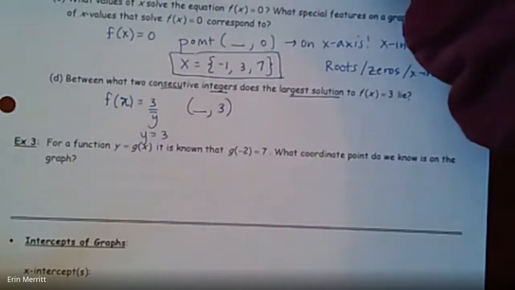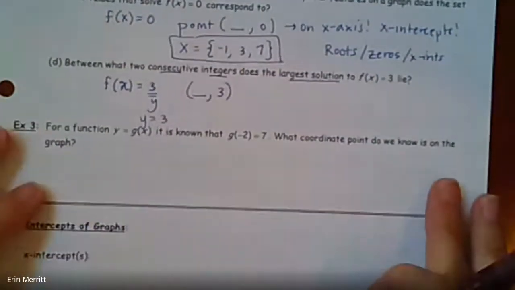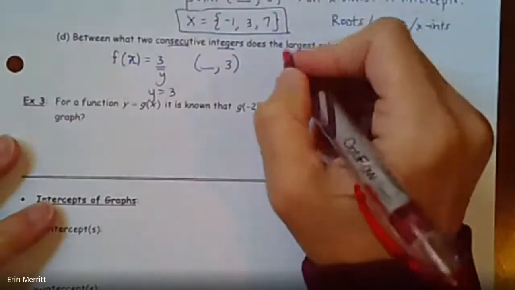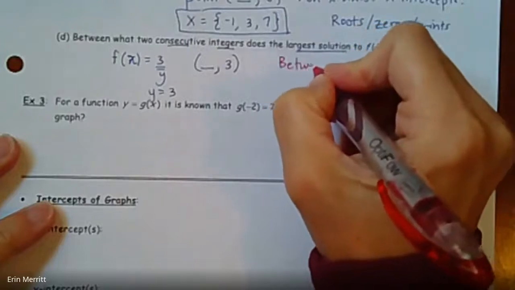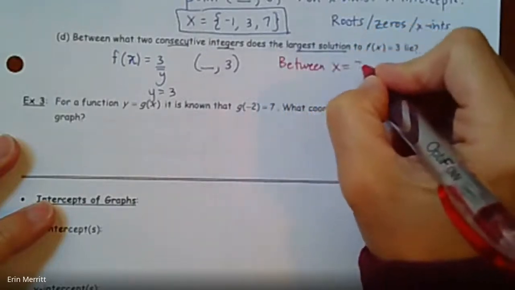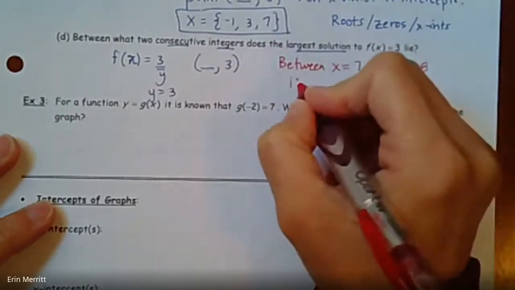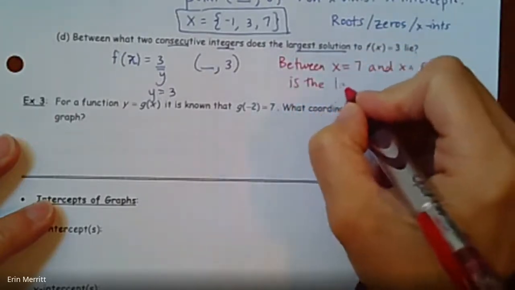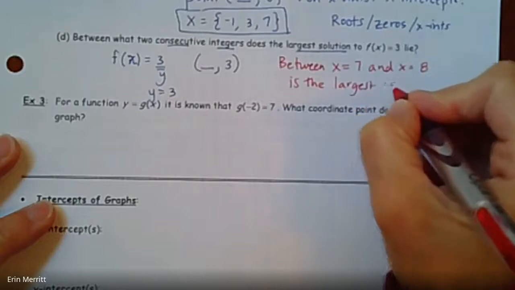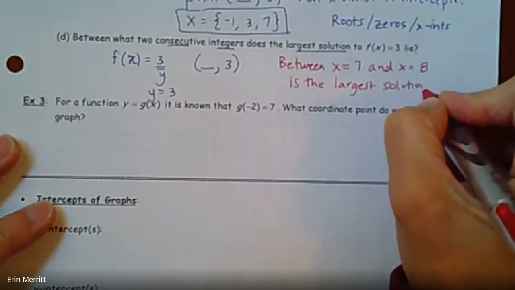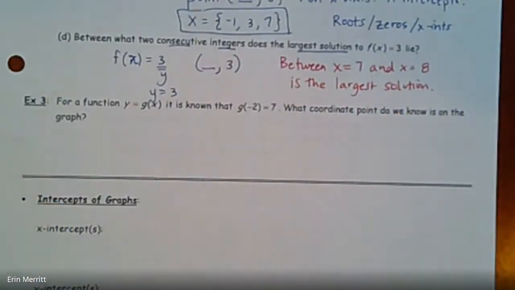One second here. There we go. All right. So I would say between, ooh, I'm still in red, x equals 7 and x equals 8 is the largest solution. And literally, because it's furthest to the right.